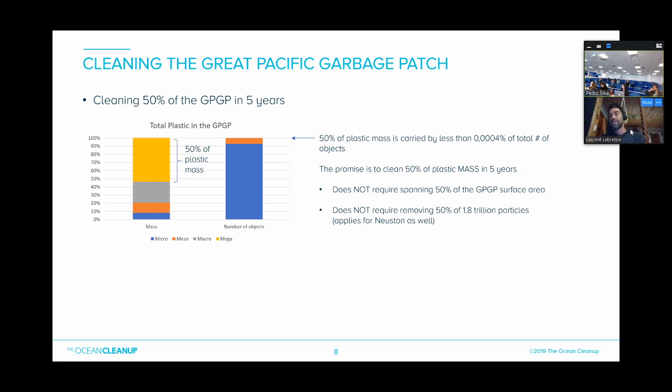This is wrong. This is just not what we're doing, right? We are not going to try to scoop 50% of all the particles that are floating at the surface of the garbage patch, and we're not intending to rake or clean or try to cover 50% of the garbage patch. So I just leave that here. Maybe we can go back to that later on.